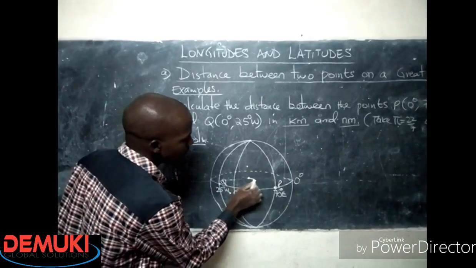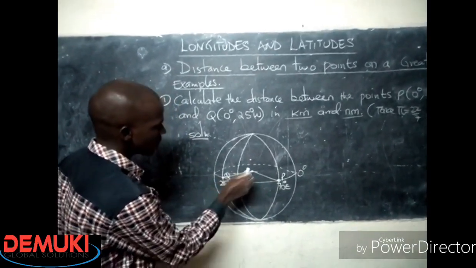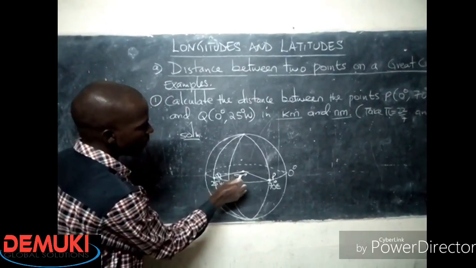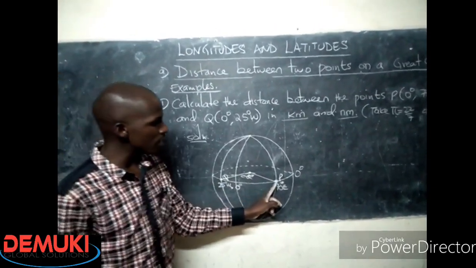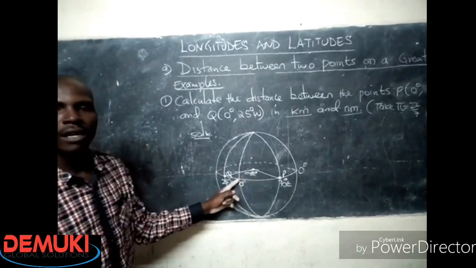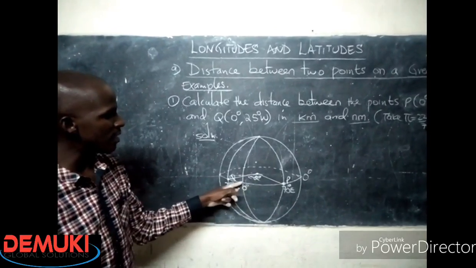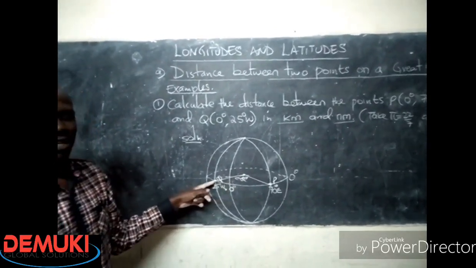To get the angle difference, of course, it's this point here, assuming that that is the center of the earth. So you find that this is the angle difference. This is our theta, right? And you find that to come from this point all the way to this other point, you have to come all the way to the prime meridian. You cover 70 degrees. Then from there to go to Q, you cover another 25 degrees.